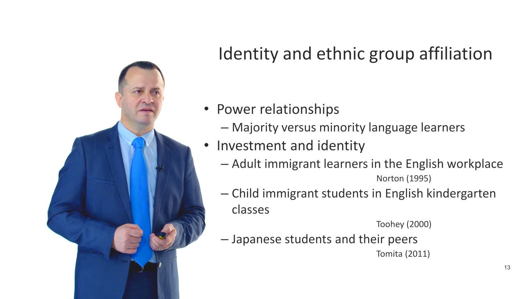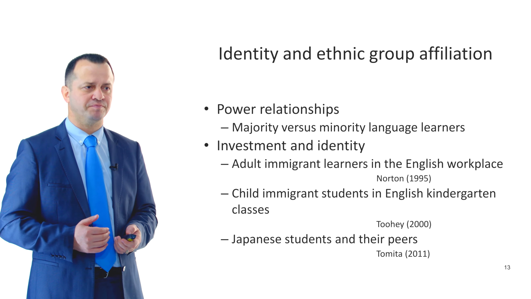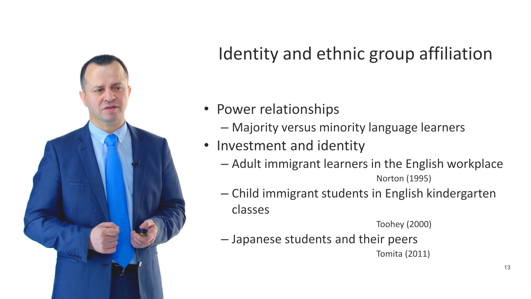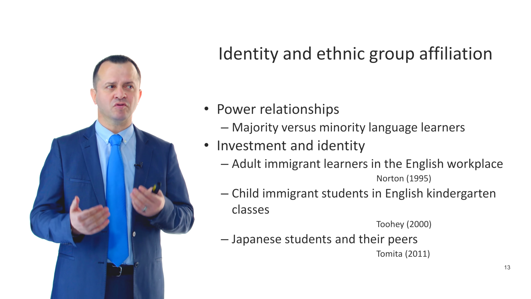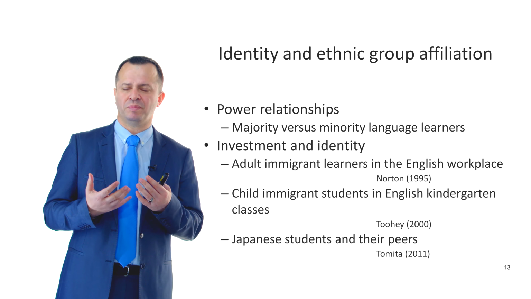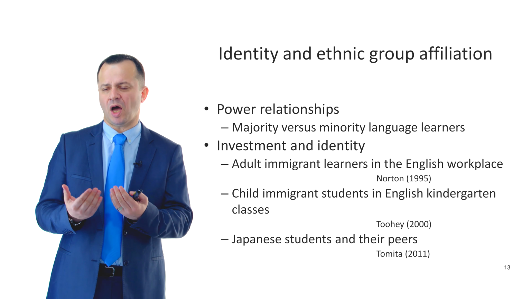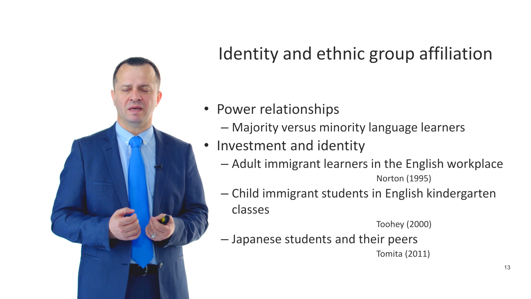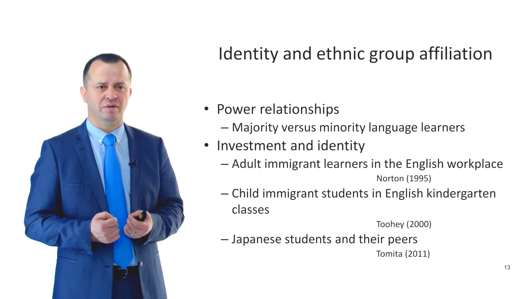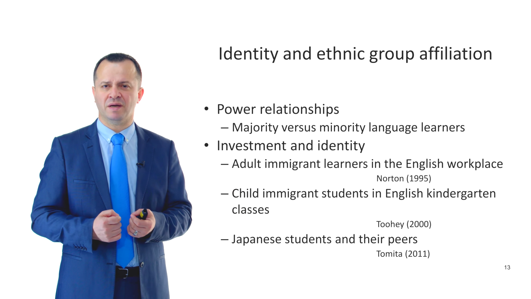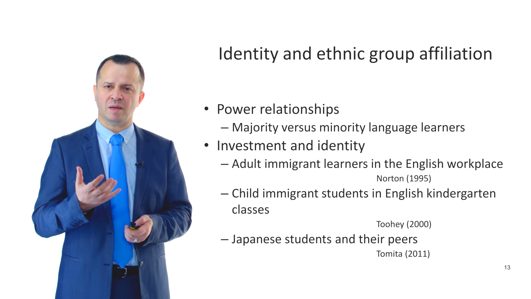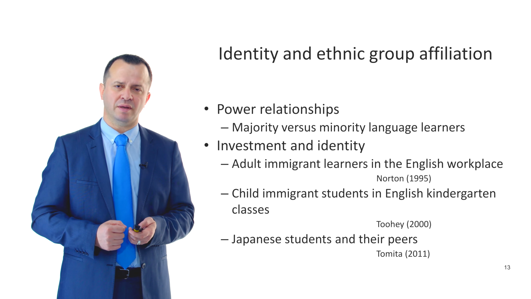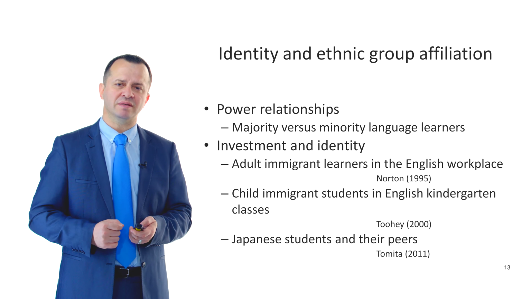And identity and ethnic group affiliation. These are the scholars who researched whether identity and ethnic group affiliation may also play an important role and how it can be correlated with language learning aptitude. In your available time, you may find the book and read what research results they obtained.